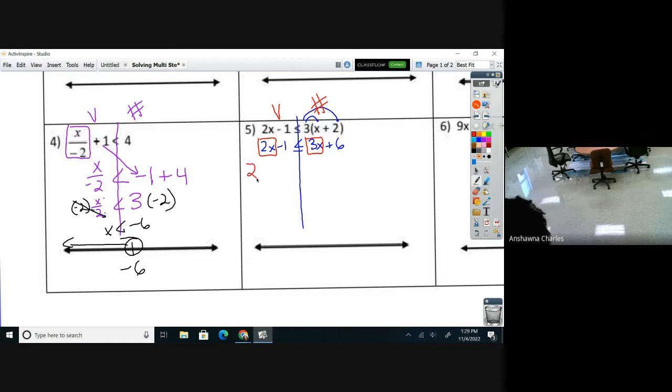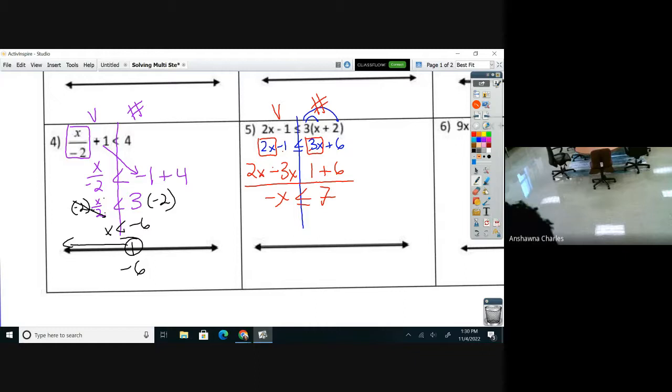So I'm going to be left with 2x. The negative 1 crosses the line, so positive 1. Negative 3x crosses the line, so negative 3x. Then positive 6 stays positive. So I'm left with 2x minus 3x, which gives me negative 1x. So that's equal to 1 plus 6, which is 7.